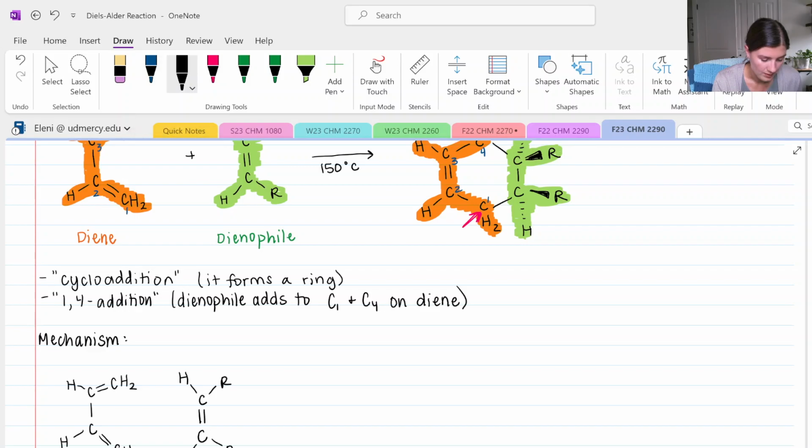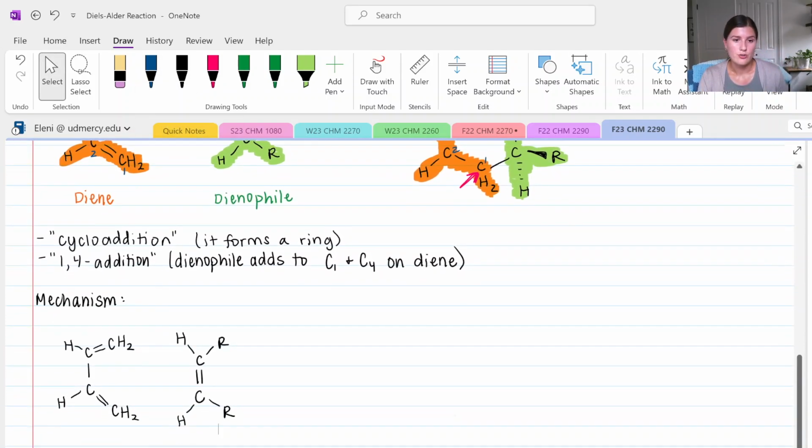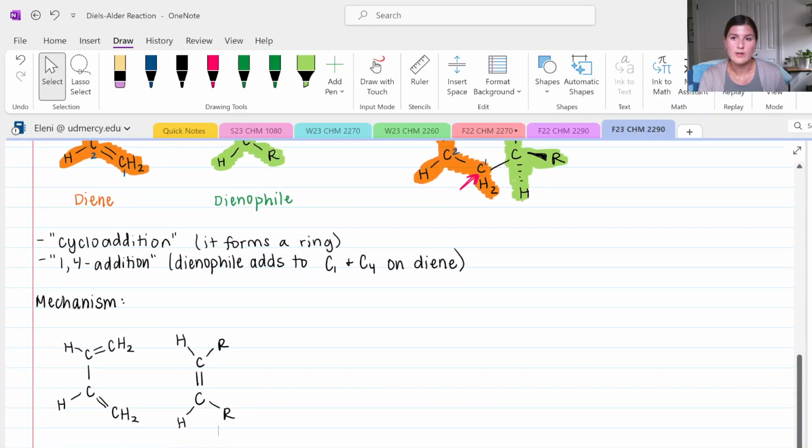I'm going to use different colors to show where different bonds are being formed. And really what occurs in this Diels-Alder reaction is a shifting of all of the pi electrons.